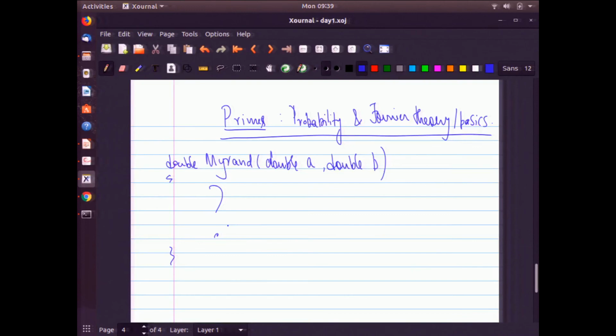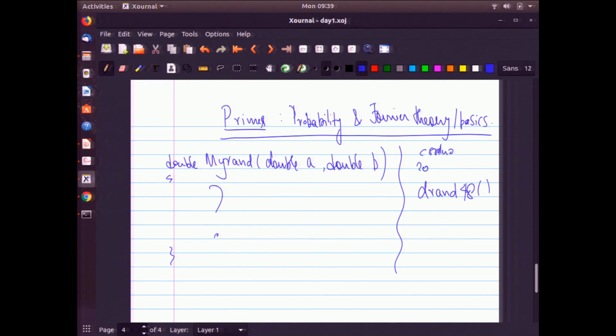Can somebody guess what you might do? Yeah, so obviously what you could do is simply call one of the libraries, right? So a lot of libraries will provide you with a rand. So this is a standard call. So if you are in C++, then you would include some header, I don't know, C or stdio or something like that.